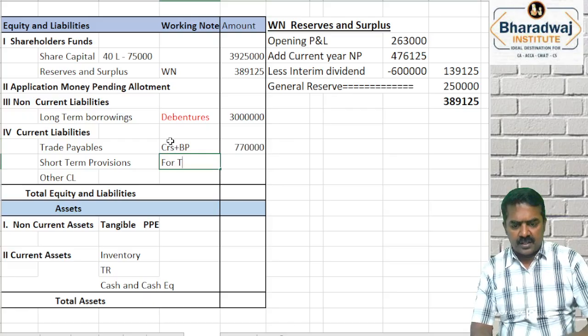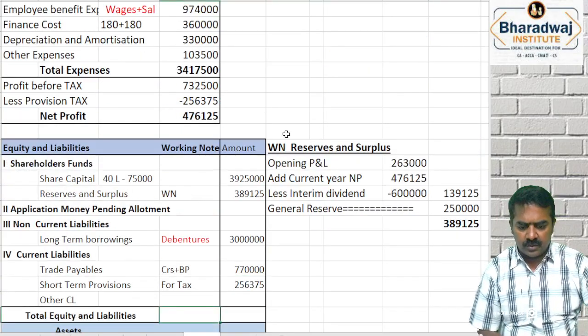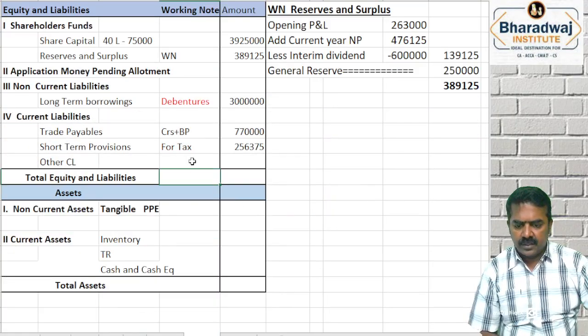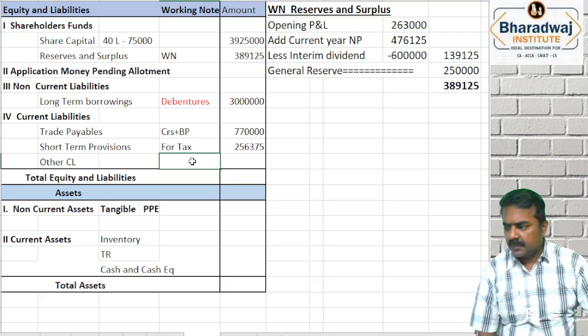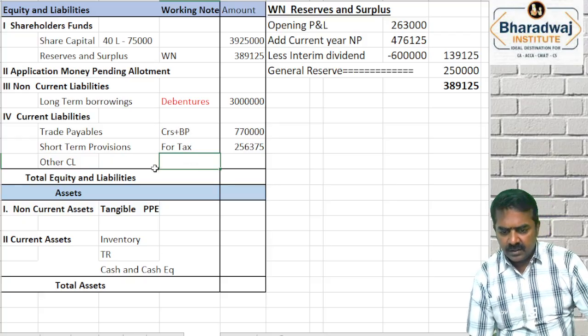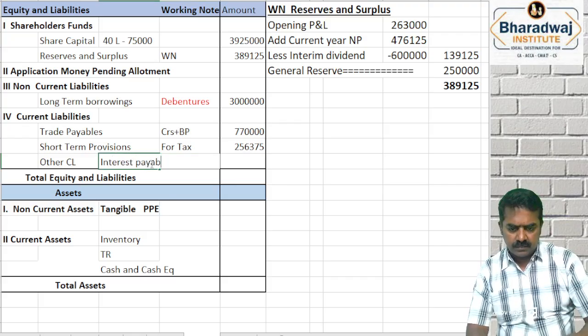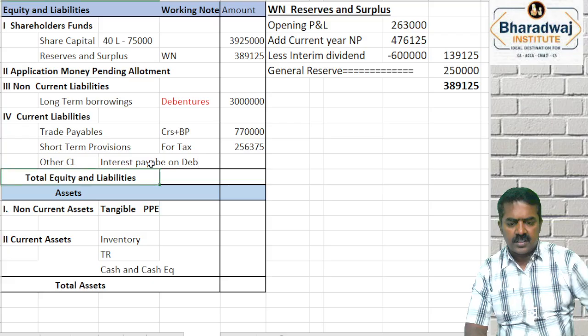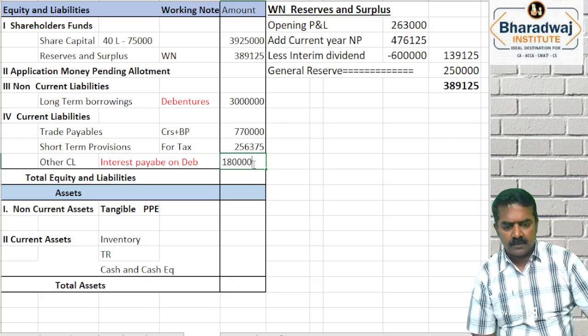Short-term provision for tax will come. Then other current liabilities: interest on debentures. Only 6 months has been paid, so the remaining interest payable on debentures will come as other current liability.